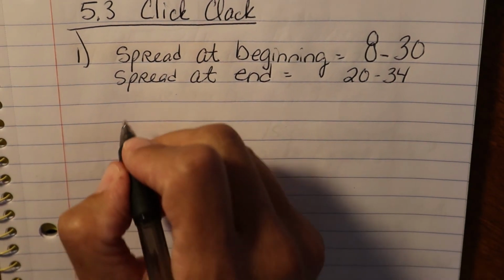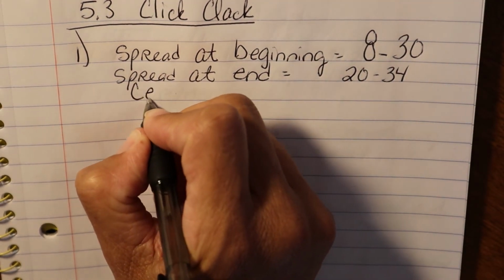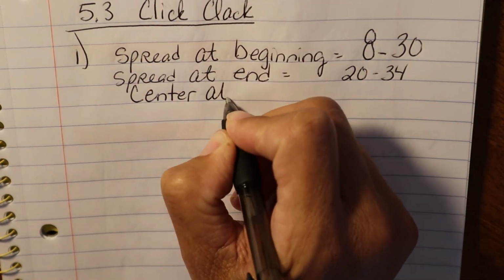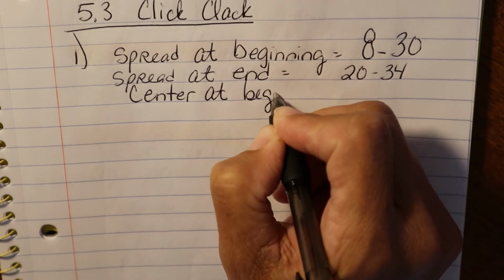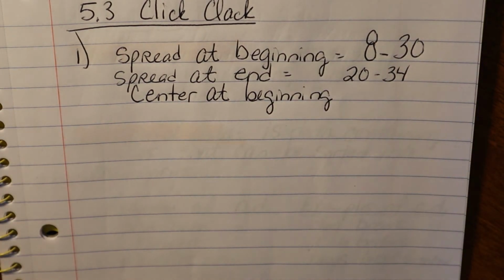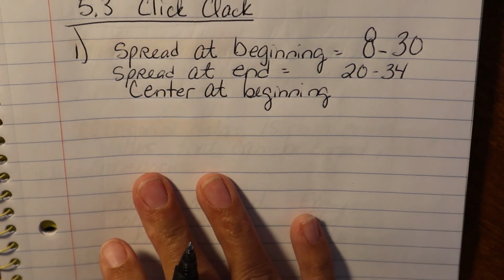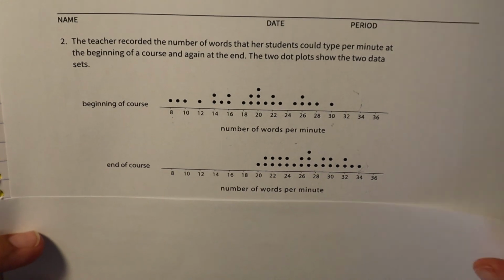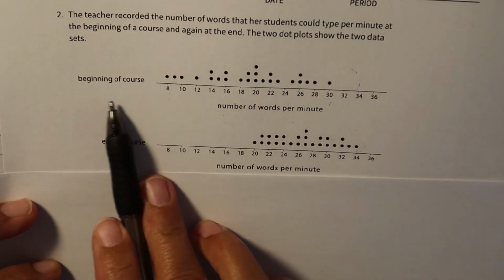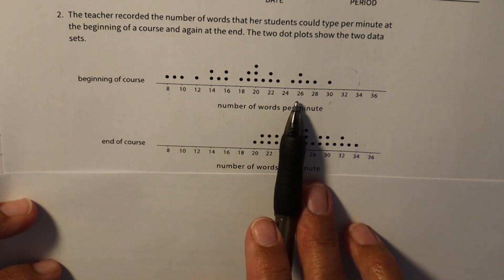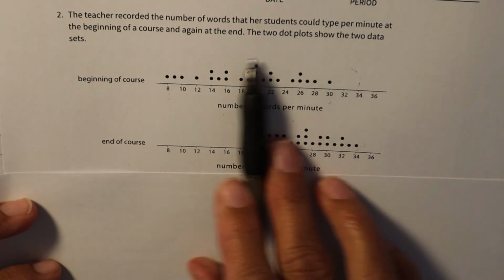Now, what if I wanted you to find out the center at the beginning? Okay, so I put the plot back up there. So the estimated center at the beginning, course 1. You kind of have to find the middle. Not necessarily the middle number, but more like the middle point.